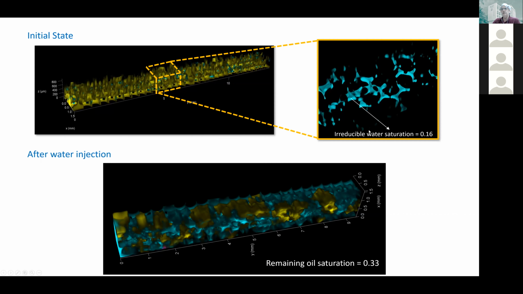So there's some irreducible water saturation in the porous media, around 16%. We inject water. So water flows through the three-dimensional porous media, leaving a lot of trapped oil ganglia. So all these yellow areas are oil ganglia trapped by capillarity. And the remaining oil saturation in this case was around 33%.